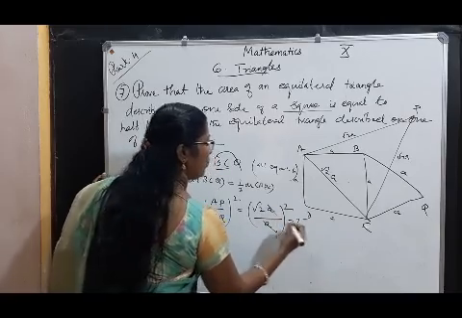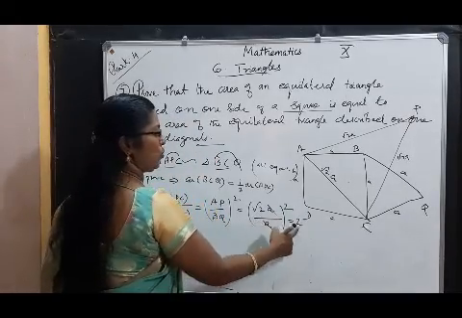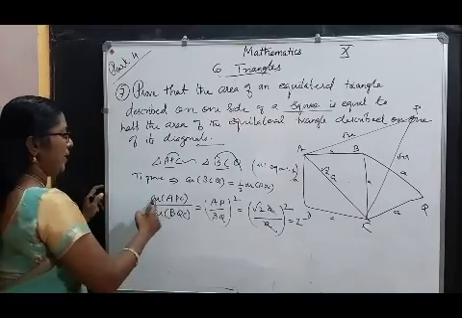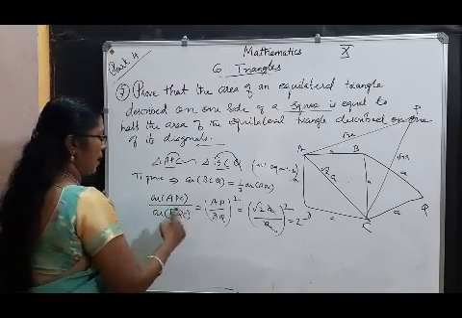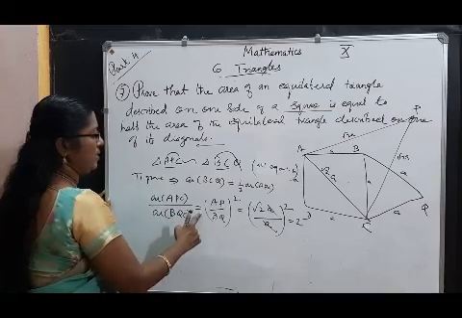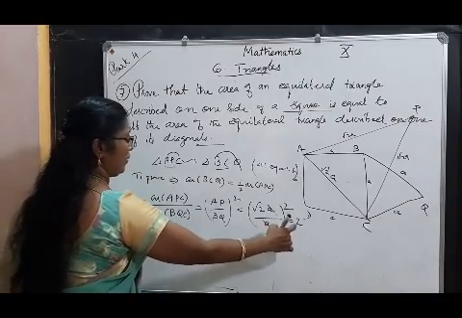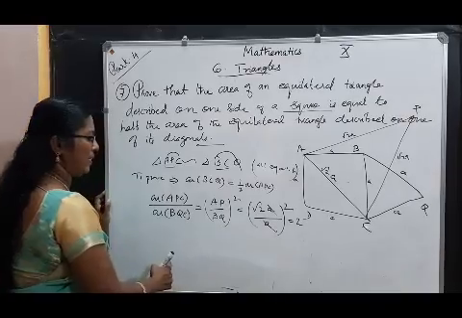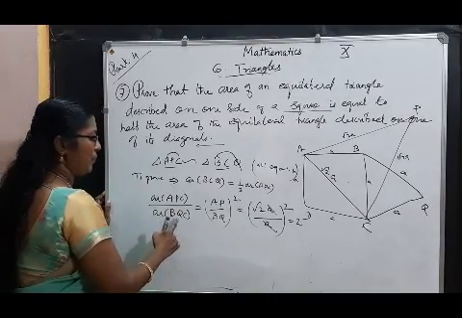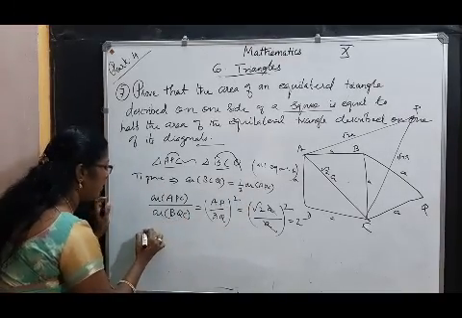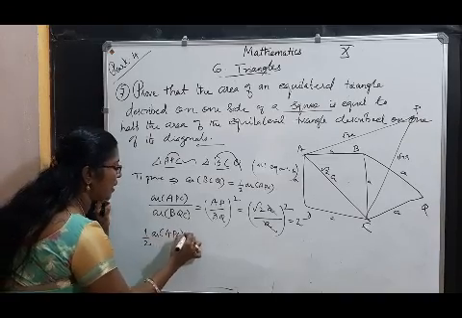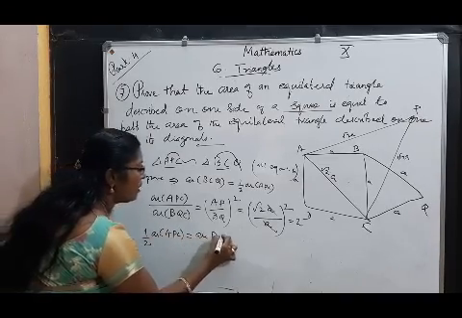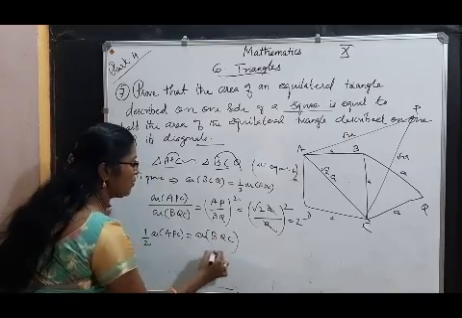Root 2 square is 2. Area of APC by area of BQC is 2. Transpose this 2 to the left side and area of BQC to the right side. You can write half of area of APC equals area of BQC, hence proved.